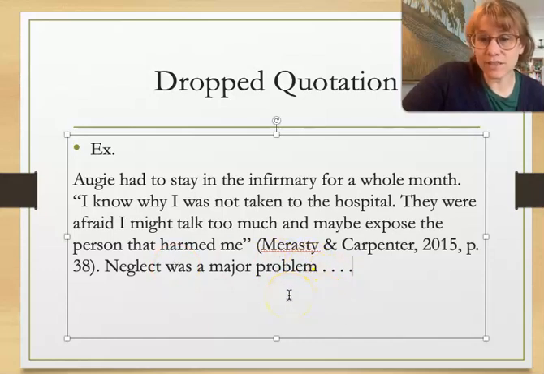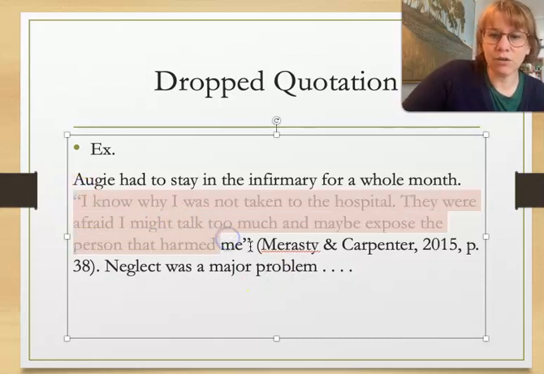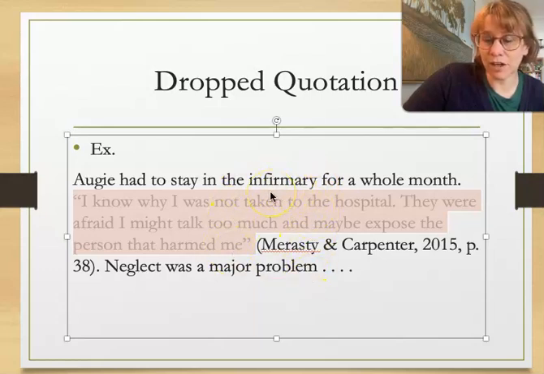So everything about this is good except for this problem of the quote, which is dropped, or sometimes we call this floating or dumped. It's floating or disconnected from the sentence above it and the sentence below it. So it's just on its own in the paragraph. We call that a dumped quote.